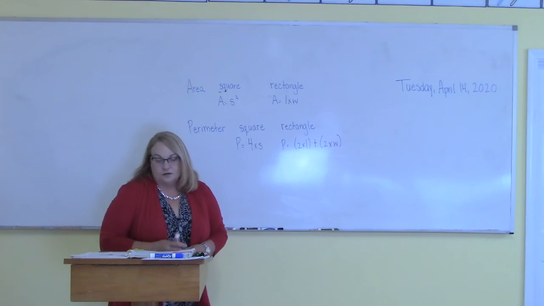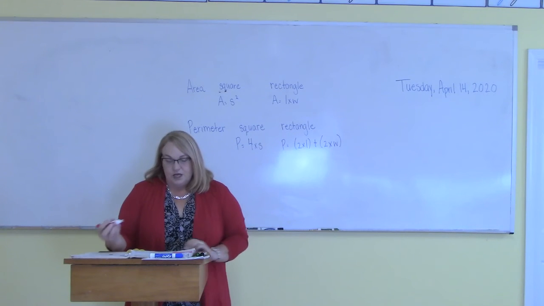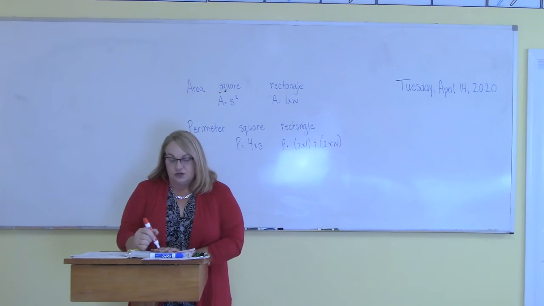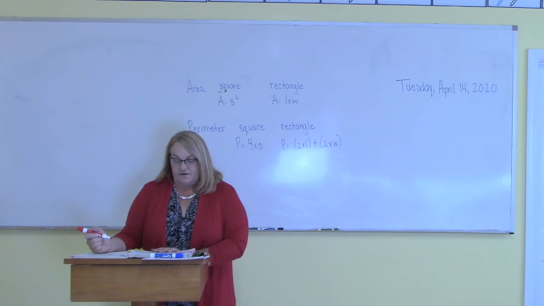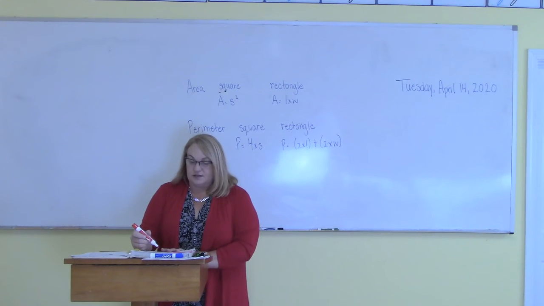Let's get down to number 5. Solve these story problems. Mrs. Bradford has new tile on the kitchen floor. The kitchen is 13 feet by 14 feet. How many square feet of tile did she have to purchase?